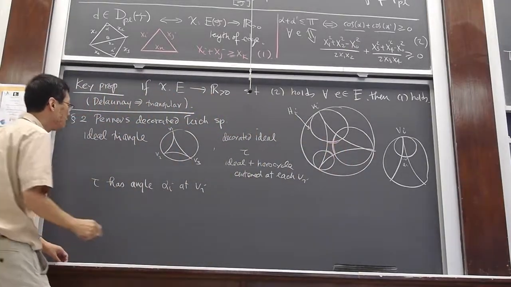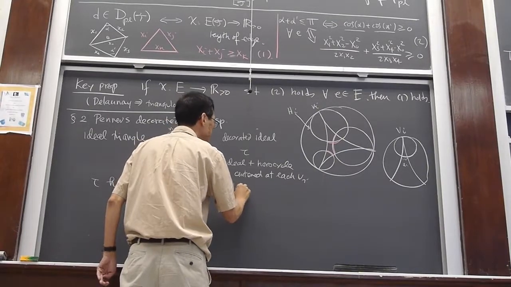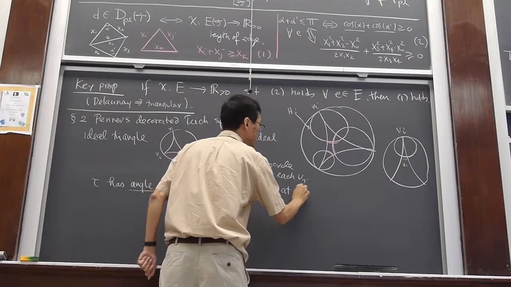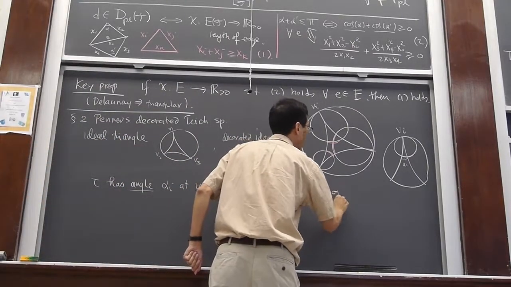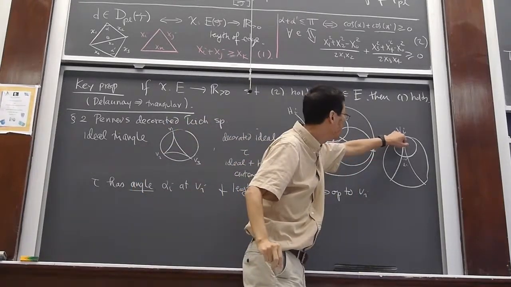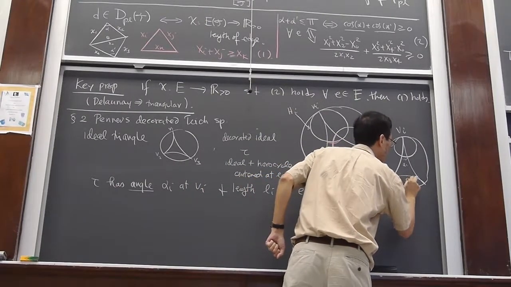It also has a length l_i at the i-th edge, which is opposite to v_i.